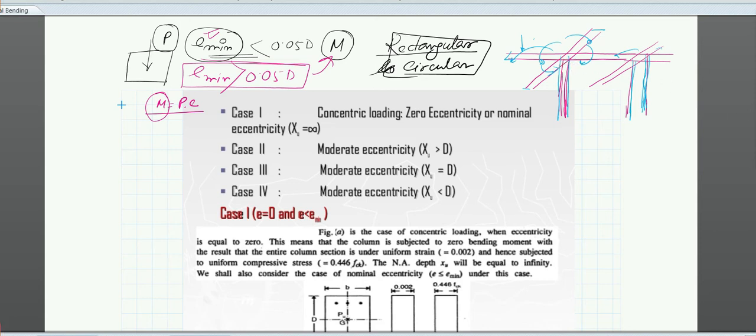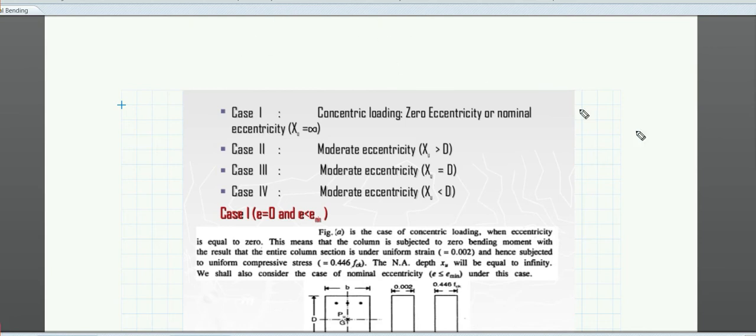I think you have studied the cantilever method or portal frame method, where you have studied how the moment is transferred from beam to the column. Suppose you have a building frame, and the plan is something like this.